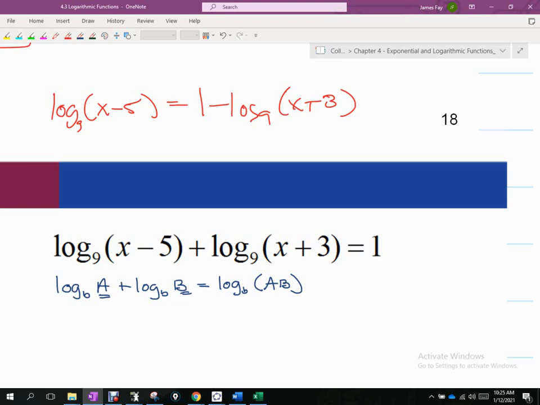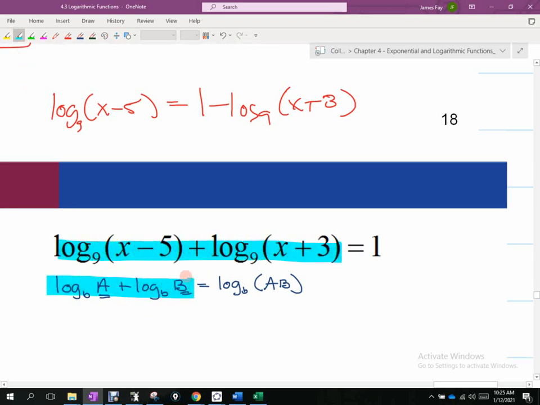If I highlight the left-hand side of that blue phrase, does that format match what we've got right there? This x minus 5 is the A argument, and x plus 3 is our B argument.